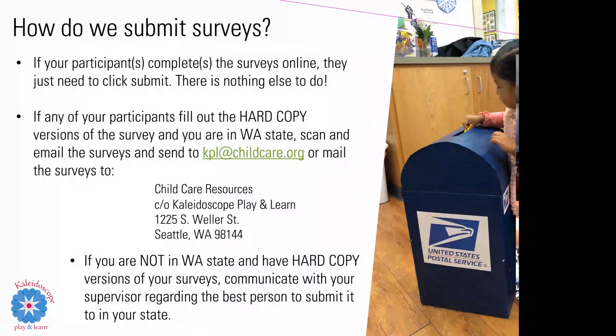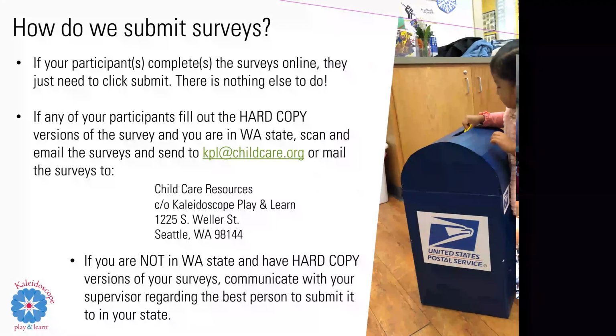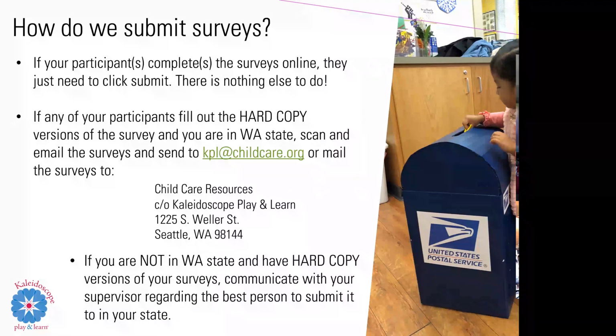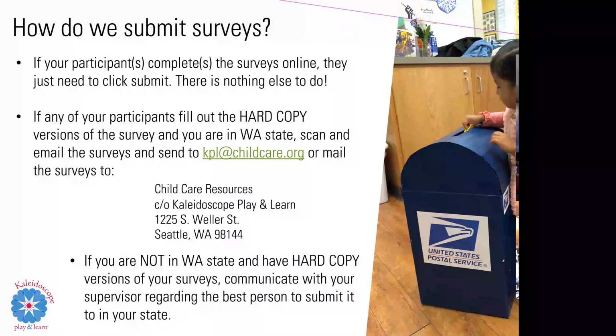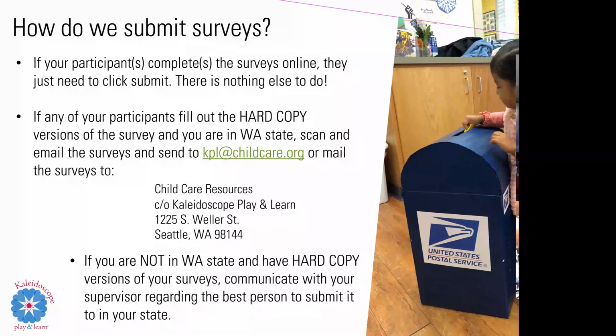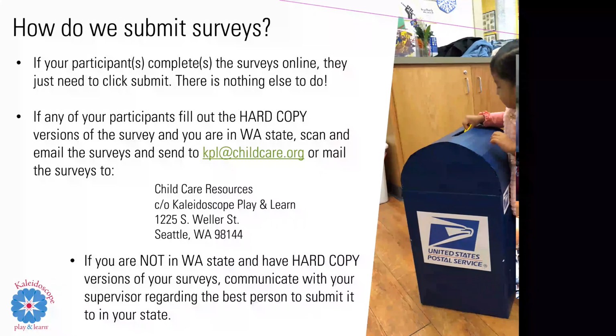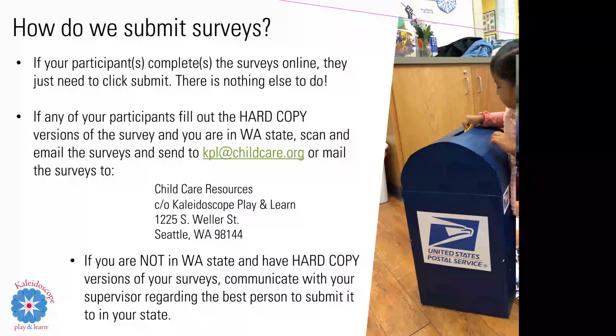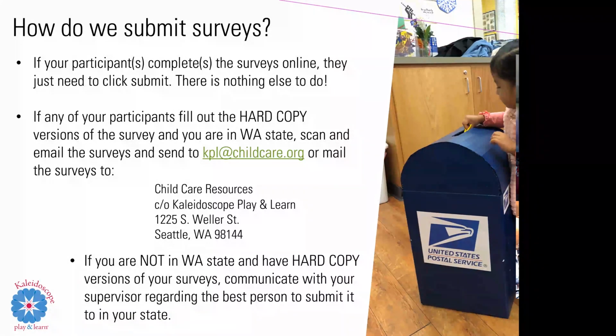And then how to submit the surveys. If your participants are completing the survey online, they just need to complete it and click submit, and they're done. If any of your participants are filling out the hard copy of the survey and you are in Washington State, you can scan and email the surveys to our email, which is kpl@childcare.org, or you can mail the surveys to the address on the screen.